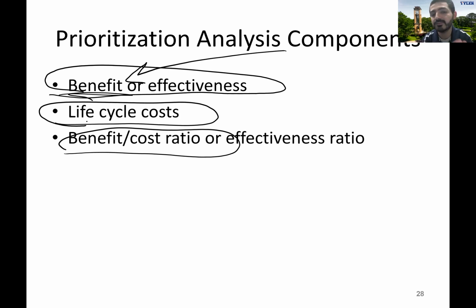The bottom line here is to get the benefit area under the curve, to get the cost, whether the present cost or the uniform cost, for each one of the treatments, and then divide, a simple ratio between the benefit to the cost ratio, and that would let you come up with a more informed decision on which treatment is the best for that section.